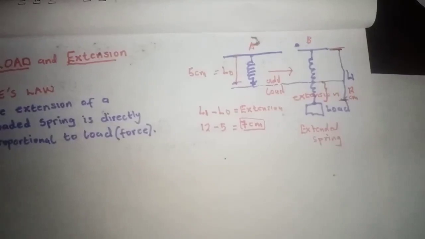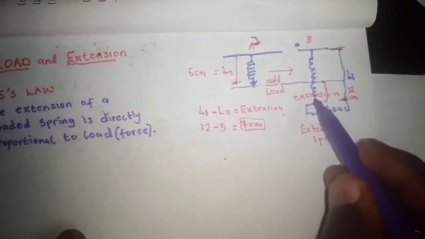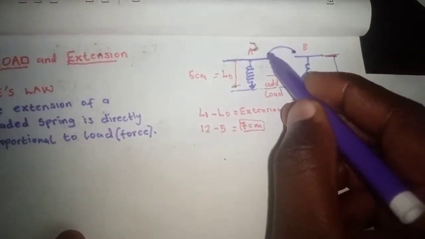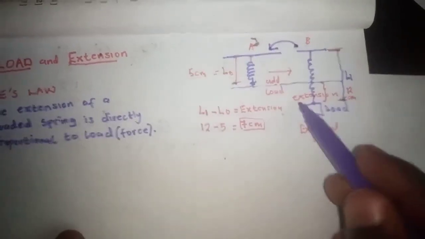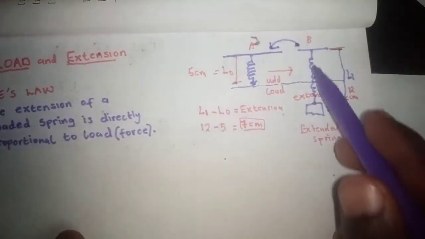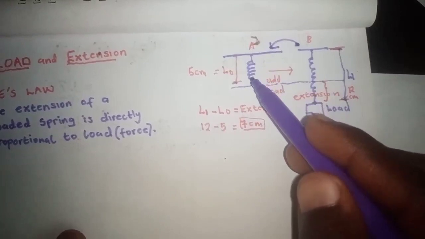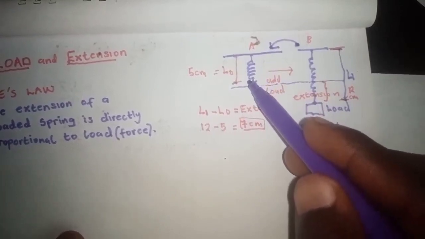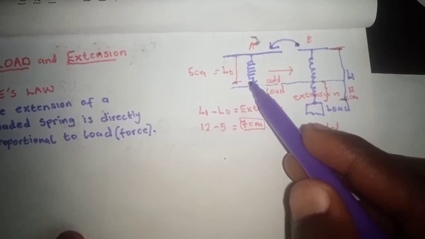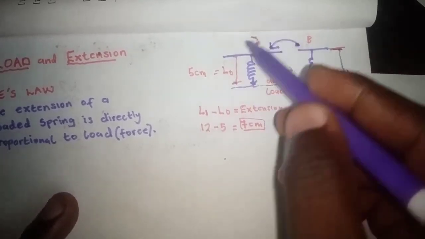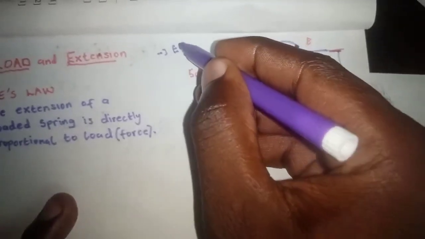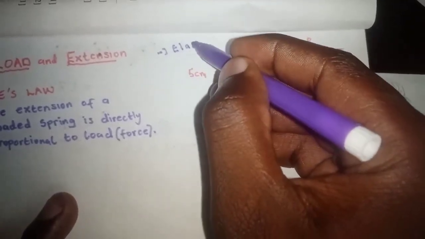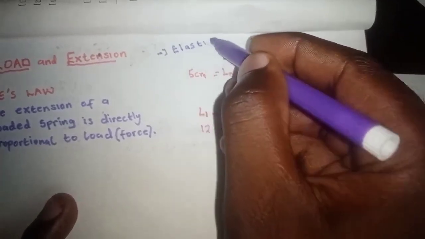Now when you remove this load, the spring is supposed to go back to its original state. Once the spring goes back to its original state, we simply say that the spring is elastic.